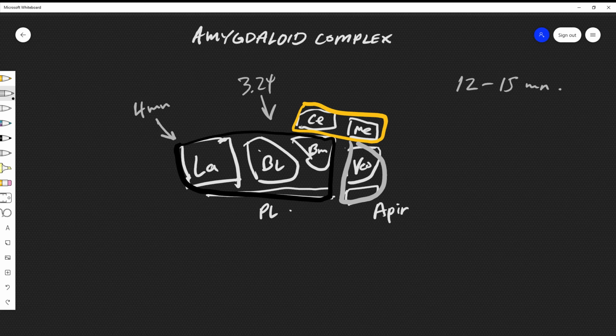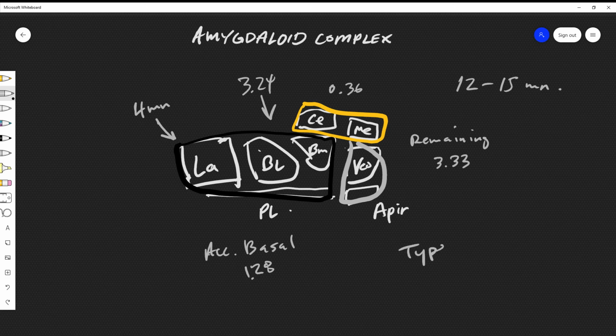And these accessory basal, let me just write down accessory basal areas have about 1.28 million. So again, yeah, it's quite large. Central, only about 0.36, they estimated. And then they just put for the remaining areas, 3.33. Now, as a small note, we can also say types of cells. There's 3 types of cells in the amygdaloid complex.